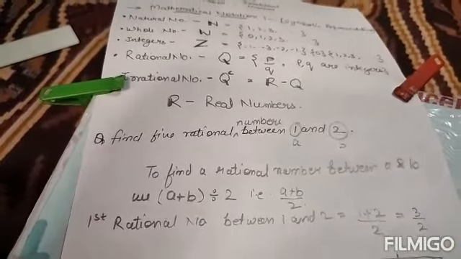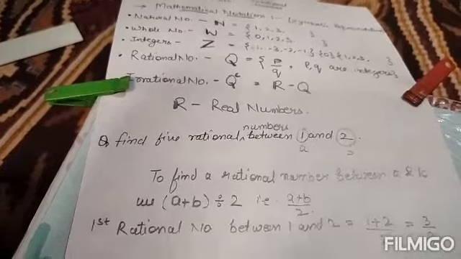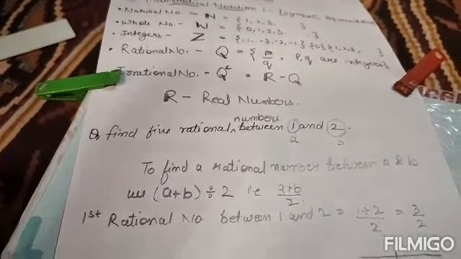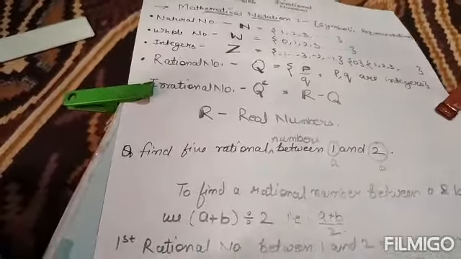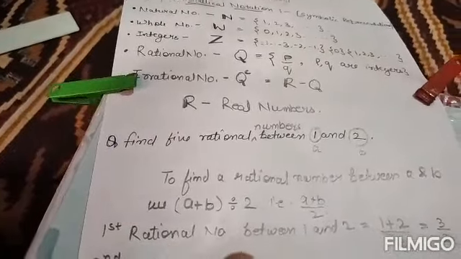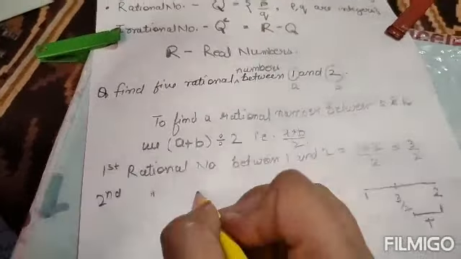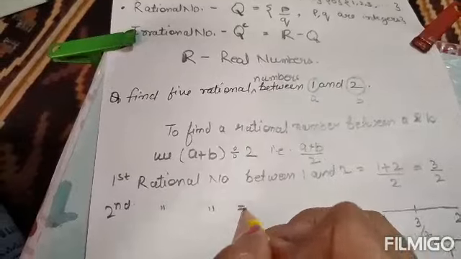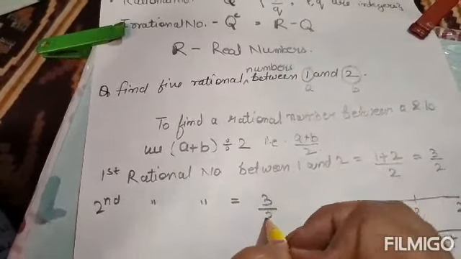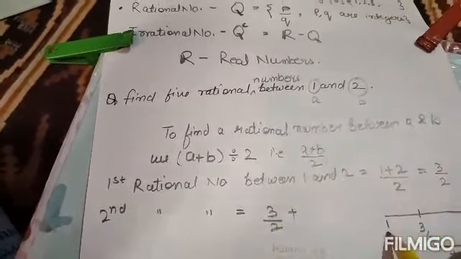Now 3 by 2 comes in between 1 and 2. So the next number will be coming from 3 by 2 and 2. The rational number will be 3 by 2 plus 1, or either 2.